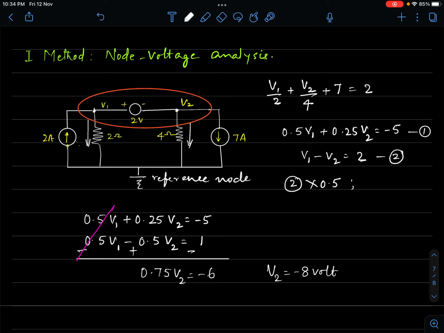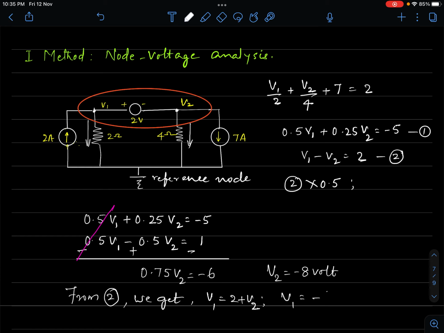Now what is V1? So I'll substitute in equation 2. Okay, from equation 2 what is it we get? From 2 we get V1 equal to 2 plus V2.